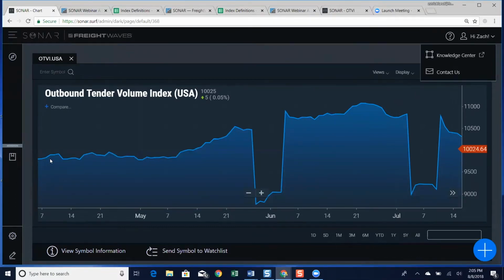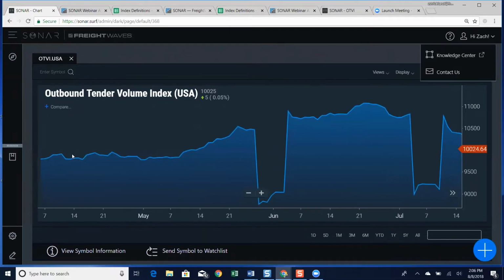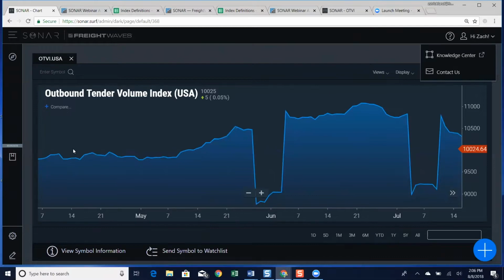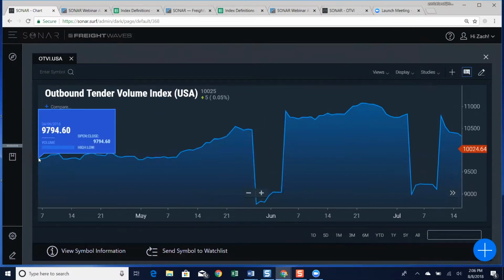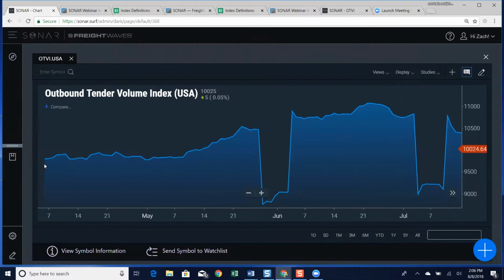Any index that you make has a base and a base time. So the base for the tender volume index is 10,000 on March 1st, 2018. So what that means is an OTVI value of 10,000 on March 1st for the overall market, which I'm going to go back here if some of you aren't familiar with our button. Let me see if I can get all the way back to March 1st.